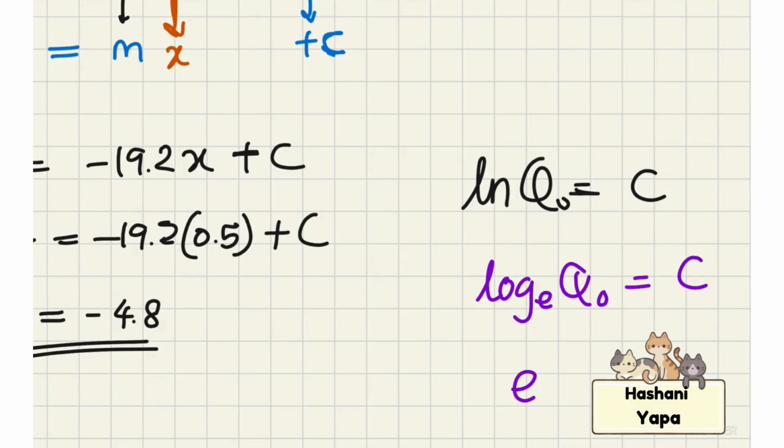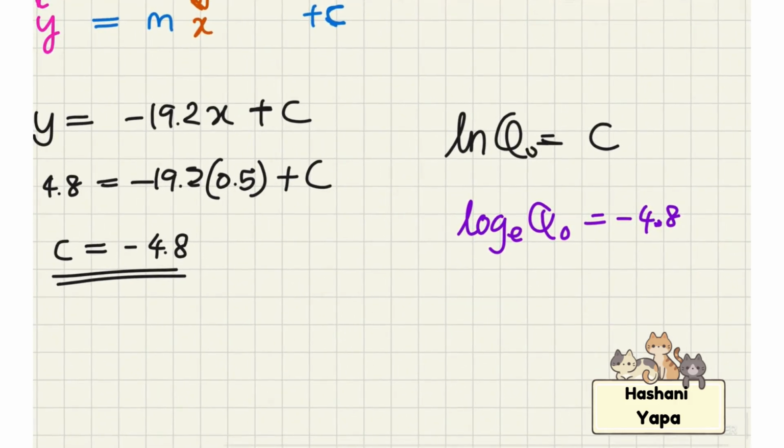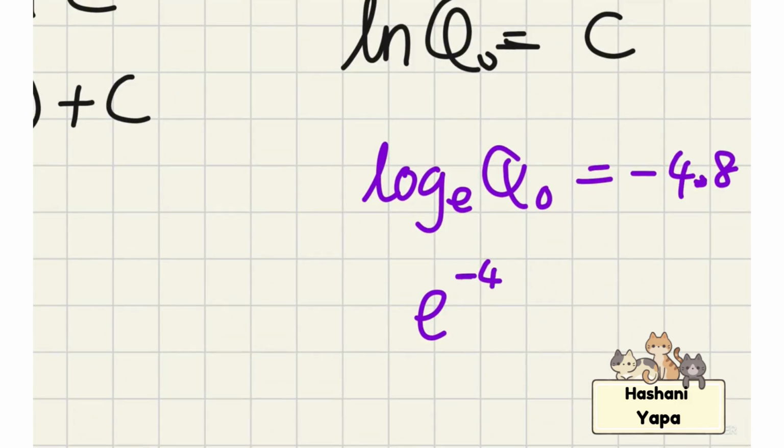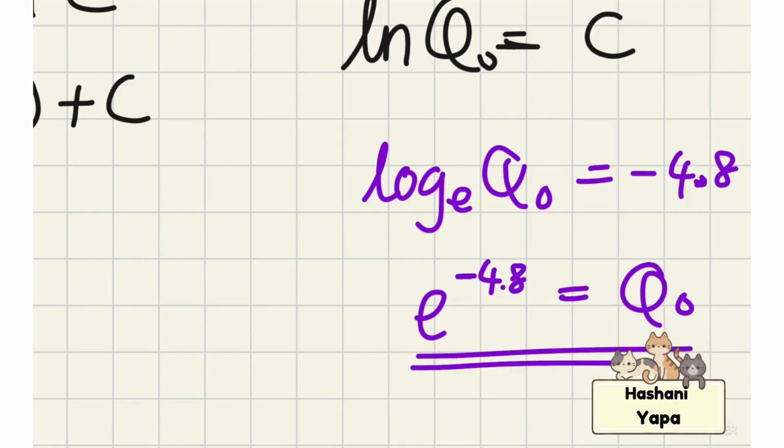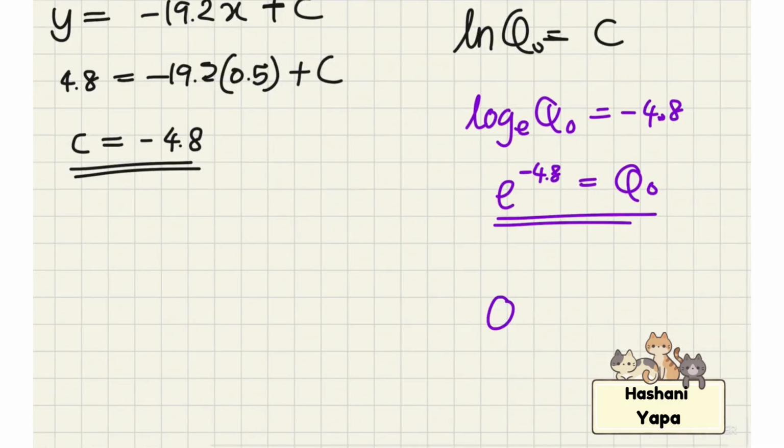We know c is equal to minus 4.8, so e to the power minus 4.8 is equal to q naught. So we found the two values: q naught is equal to e to the power minus 4.8 and lambda is equal to minus 19.2.